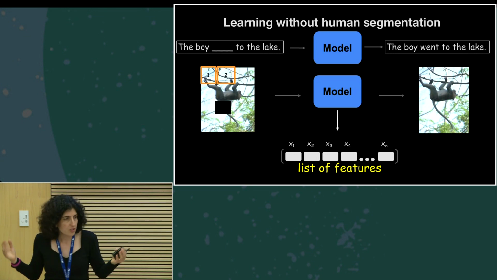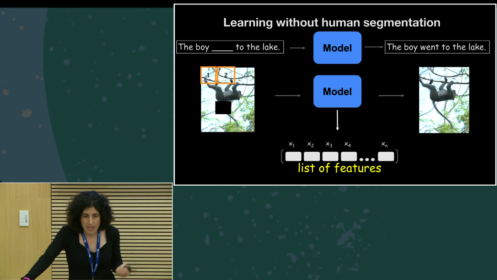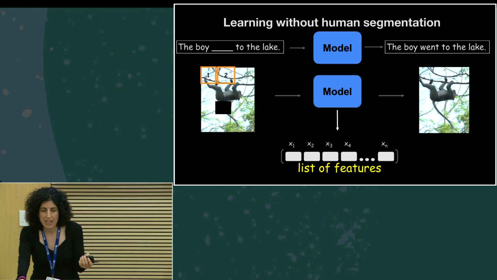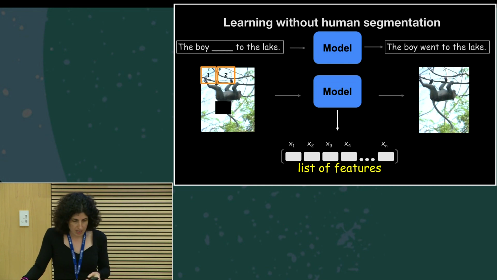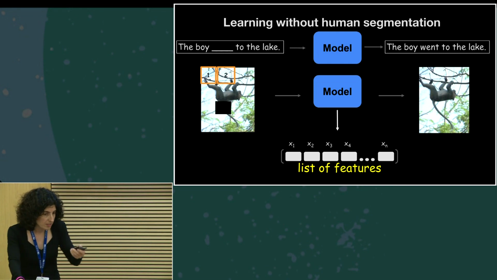So we have a list of features. It's a vector, and using this list of features, we would like to segment this monkey and identify its tail.